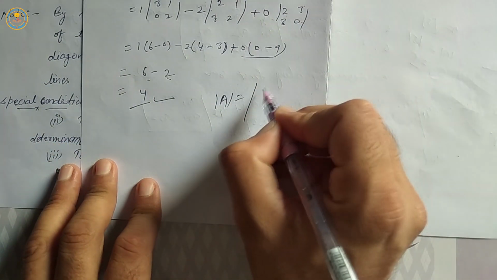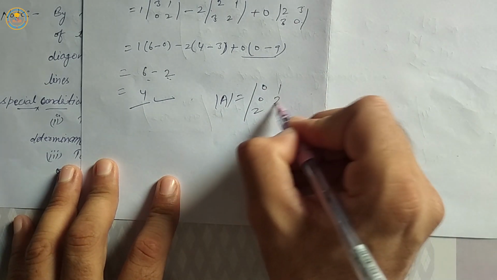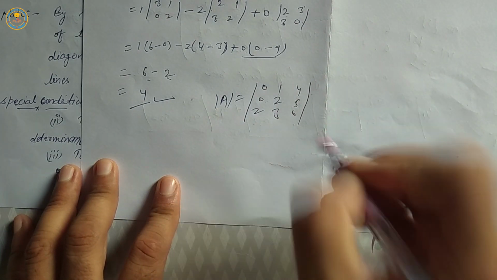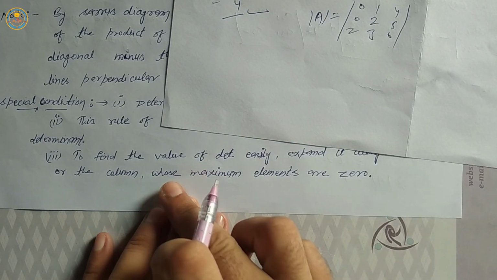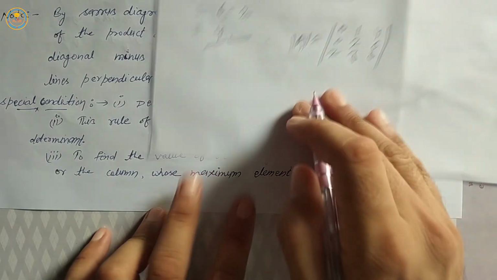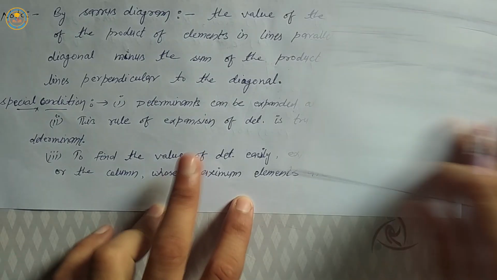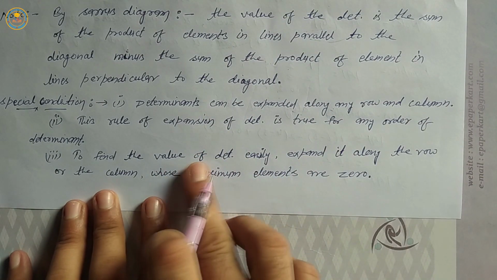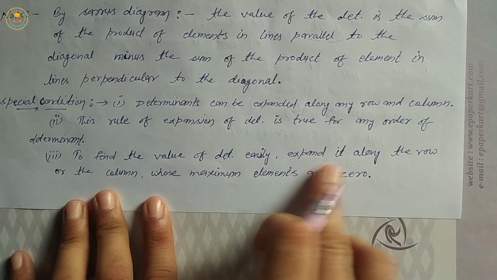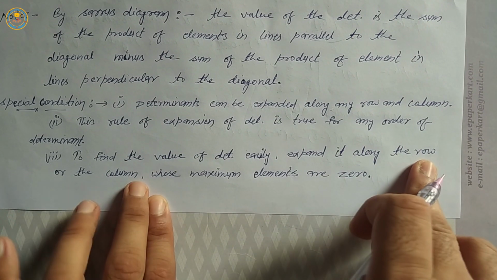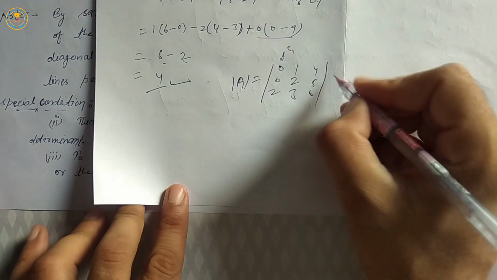a determinant is equal to 0, 0, 2, 1, 2, 3, 4, 5, 6. Which column has the maximum elements 0? C1. So to find the value of the determinant easily, expand it along that column.